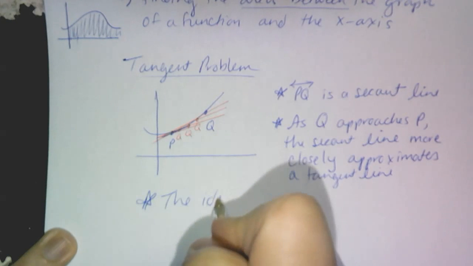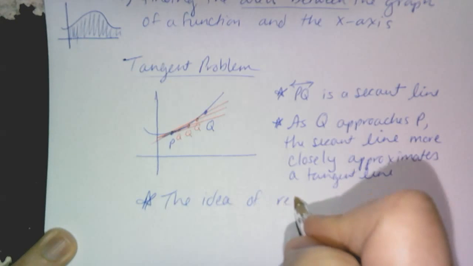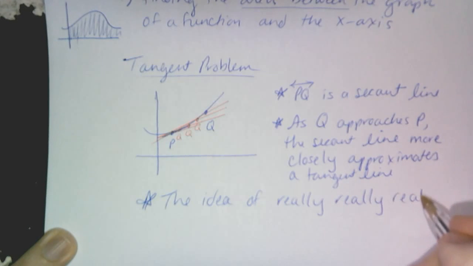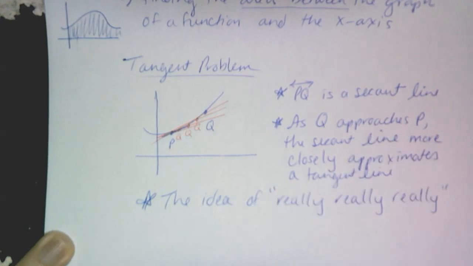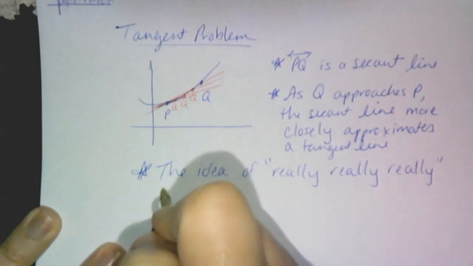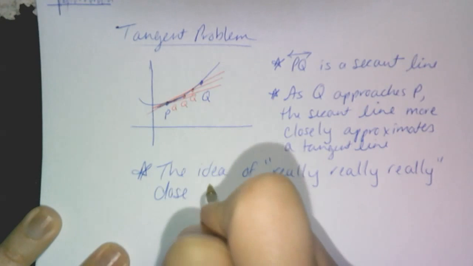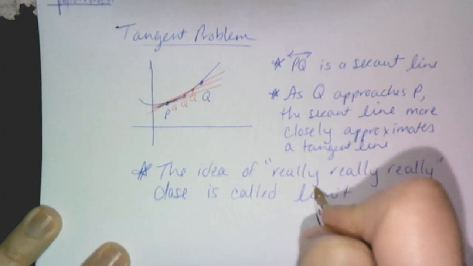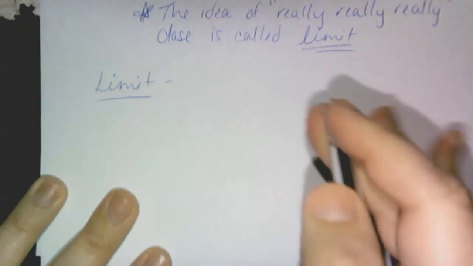And you can write that down. The idea of really close is called limit. Here is the limit definition.